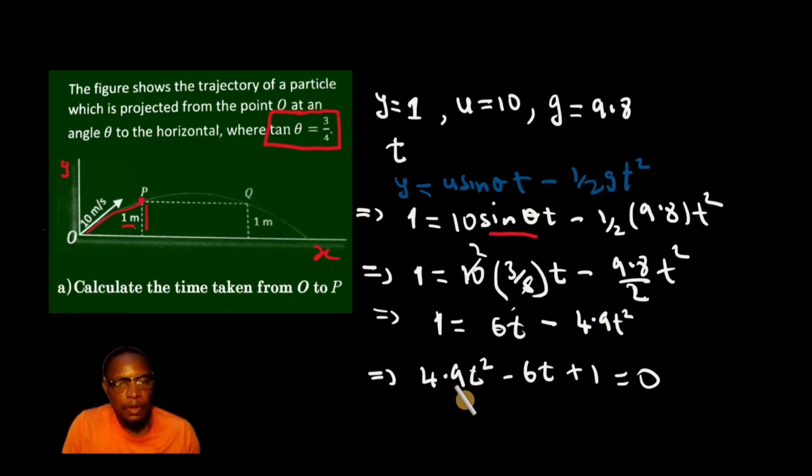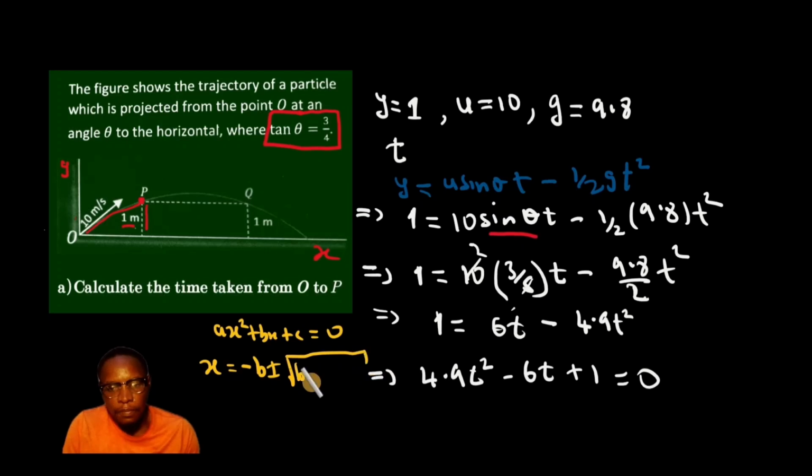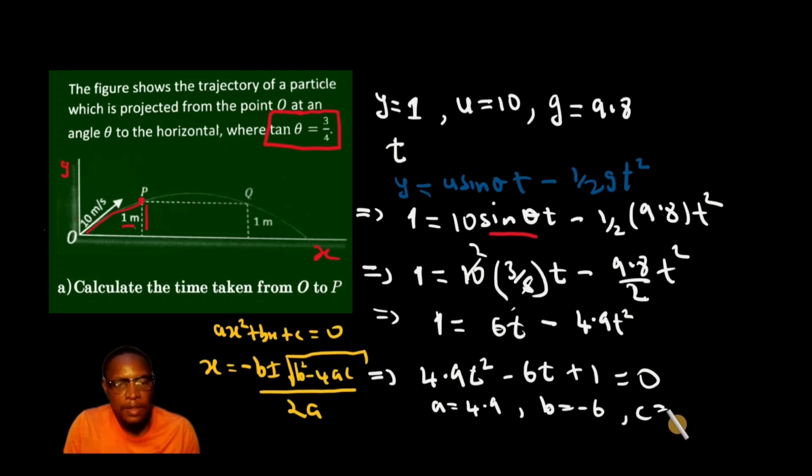The equation gives me a quadratic. I know that for a quadratic ax squared plus bx plus c equals 0, x can be calculated from the formula negative b plus or minus the square root of b squared minus 4ac, all over 2a. Comparing this equation, you will see that a is 4.9, b is minus 6, and c is 1.